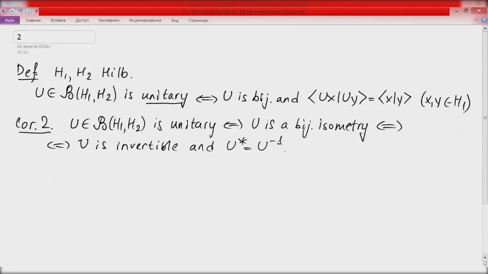Okay, now let's look at another class of operators, namely at orthogonal projections. So we have the following definition.